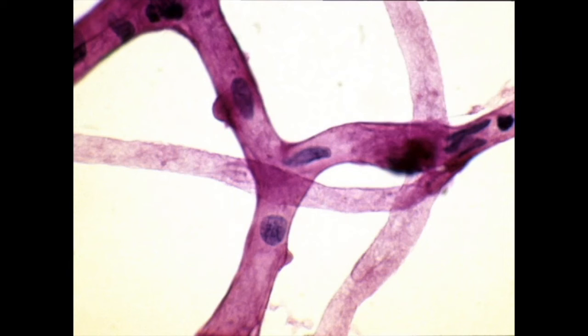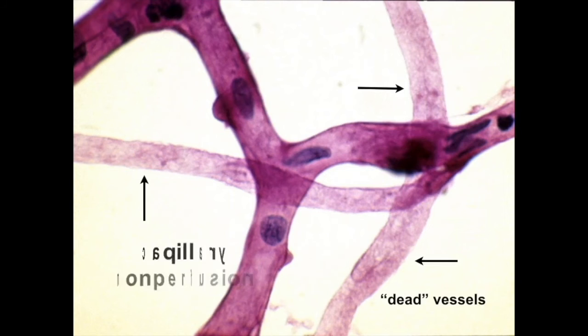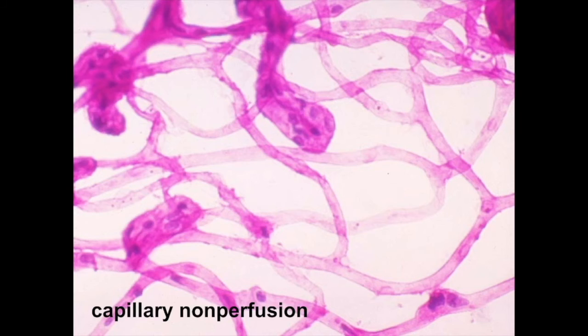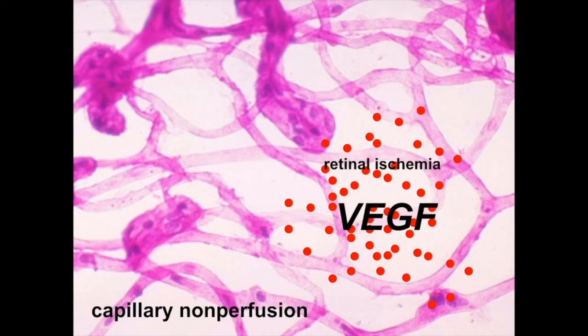Other vessels also have lost their endothelial cells, and these are what we see in capillary non-perfusion, essentially dead vessels. Here's a focus of capillary non-perfusion. This will lead to an area of retinal ischemia, causing an upregulation of vascular endothelial growth factor, which stimulates intraretinal neovascularization.